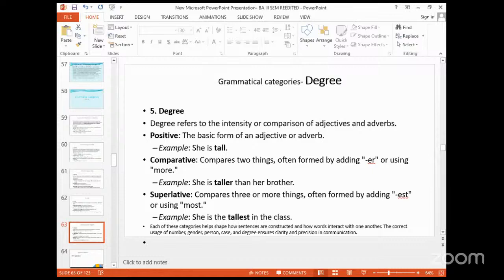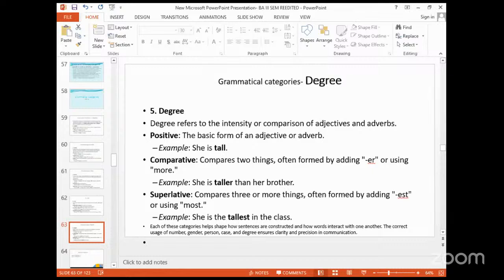What are they? The positive degree, the comparative degree, and the superlative degree. So the positive degree here represents the basic form. It's usually the root. The comparative degree is used whenever two entities are compared on the basis of the quality represented by the adjective.